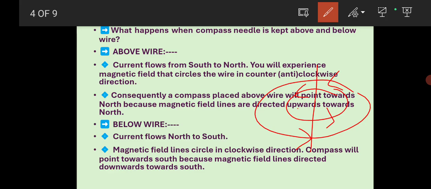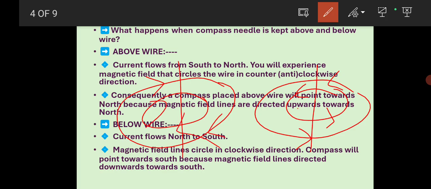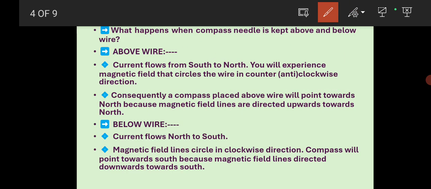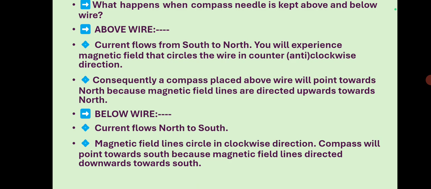Right? If it is below, it also circles the wire, but in a clockwise direction. So this is the clockwise direction, this is the anti-clockwise direction. Alright? Now when the compass is placed above the wire, the magnetic field lines are directed upwards towards the north.